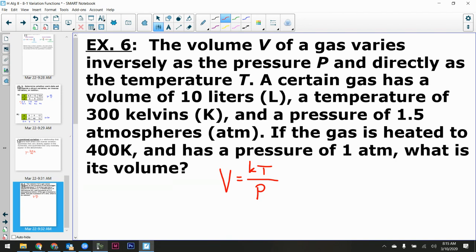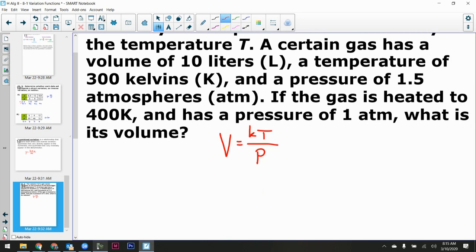Now, a certain gas has a volume of 10 liters at a temperature of 300 Kelvin and a pressure of 1.5 atmospheres. Can I solve for k in this case? Yeah. Multiply the 1.5 over to the other side first.